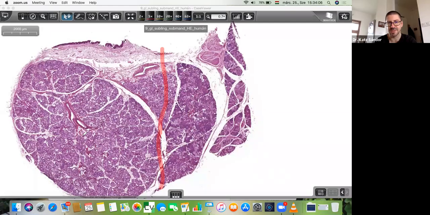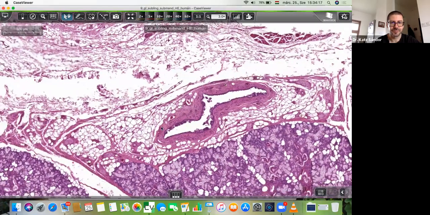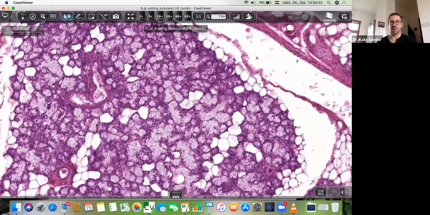So the mucous acini are the more prominent structures related to the sublingual. So let's zoom in on the sublingual. Just looking at this aspect, in the lobules we can find mainly this pale structure.